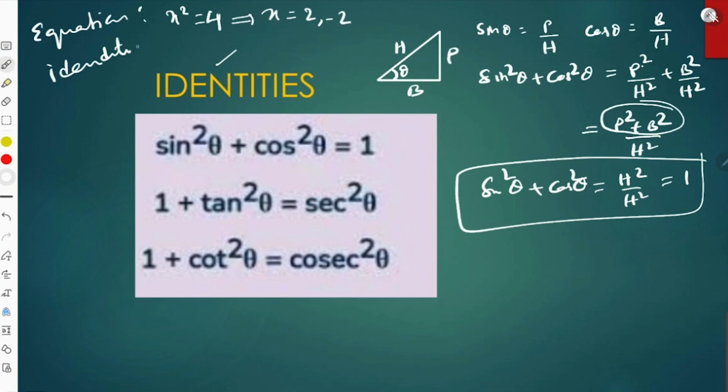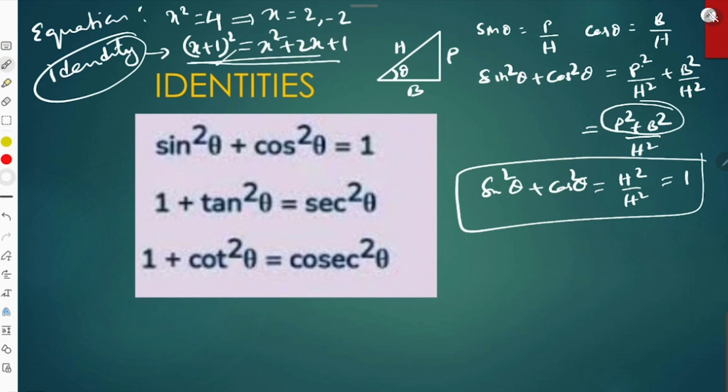Whereas an identity is defined for every value of theta. For example, x plus 1 whole square, you can write as x square plus 2x plus 1. What values of x satisfy this? All values of x satisfy this equation. This is called an identity. In the same way, in trigonometry, whatever equation is satisfied by all theta, we call it an identity.